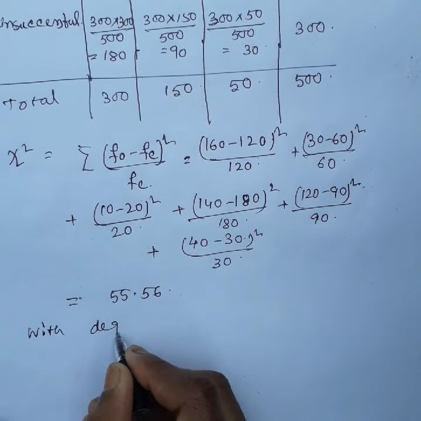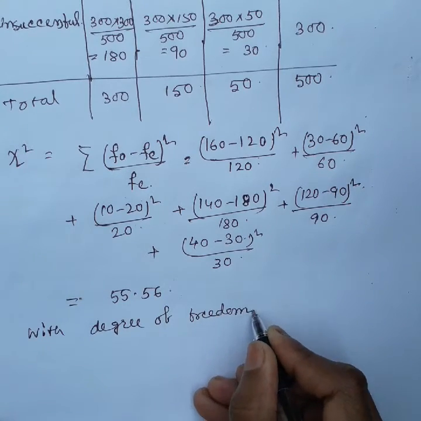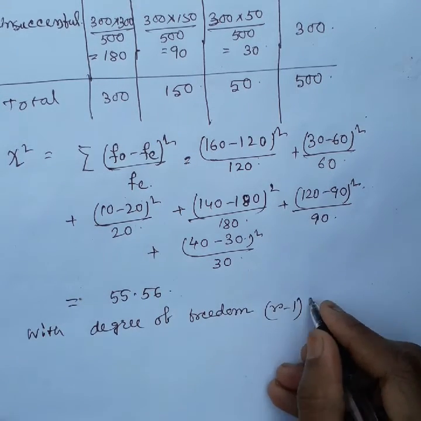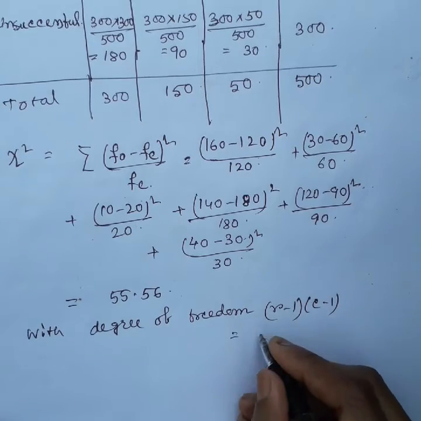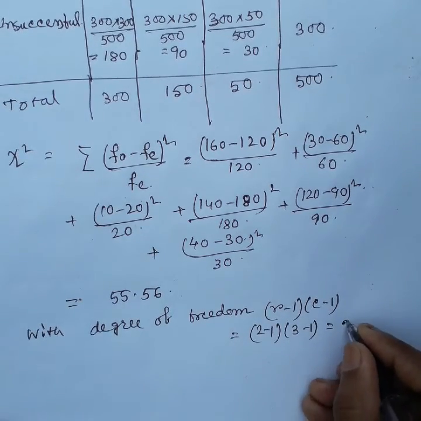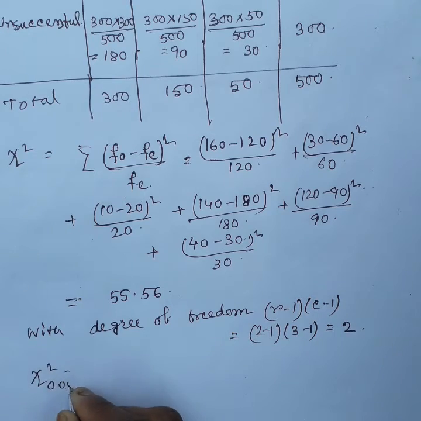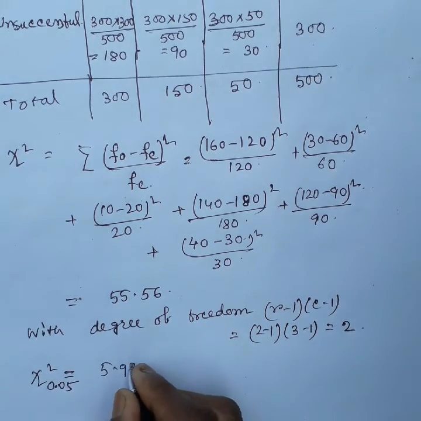With degrees of freedom r minus 1 into c minus 1, that is 2 minus 1 into 3 minus 1, that is equal to 2. Okay, and it is given that chi-square of 0.05 is equal to 5.99.